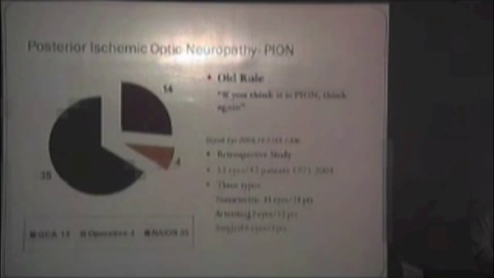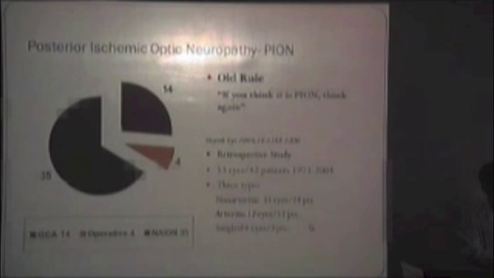And he describes this in 3 different settings. Non-arteritic, which is similar to the non-arteritic anterior ischemic optic neuropathy. The arteritic variety, which is from giant cell arteritis. And the surgical variety, which is post-operative loss of vision. These are the 3 clinical settings in which you're likely to see it.